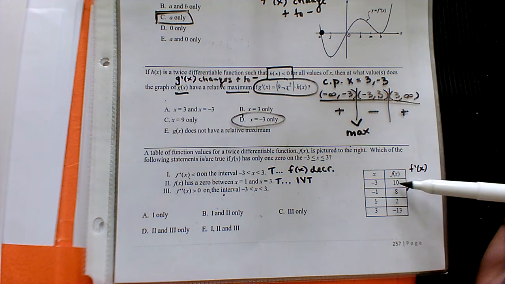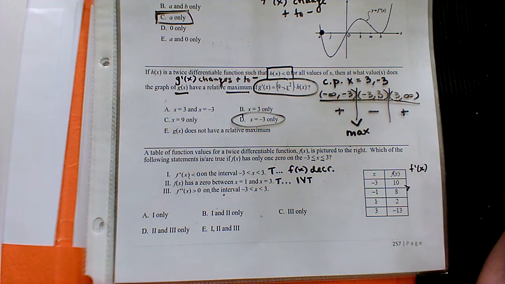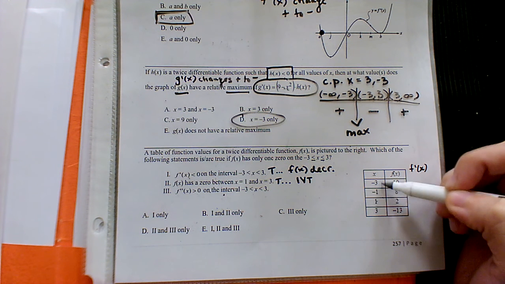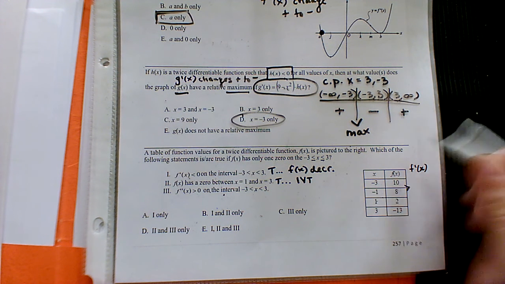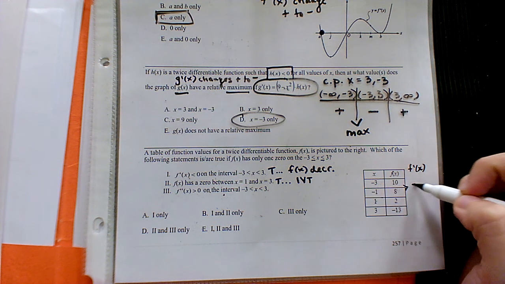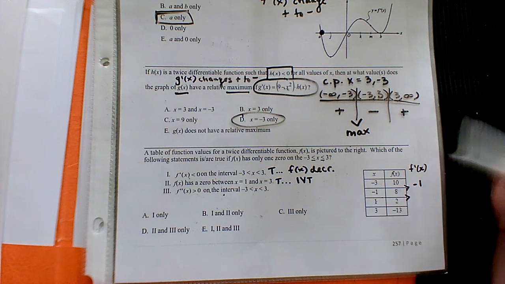Yeah? So if we go 2 units on the y and 2 units on the x, our slope would be, if your rise is -2 and your run is +2, 8 minus 10 over -1 minus -3, -1. Okay.